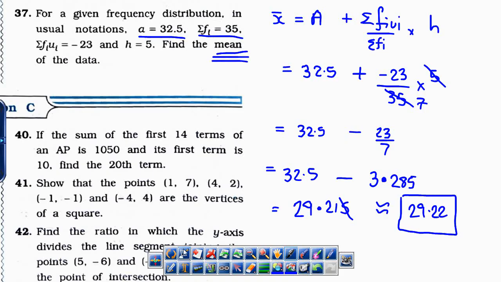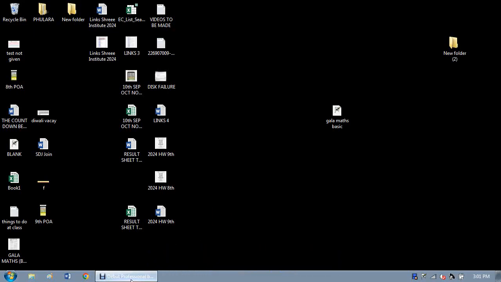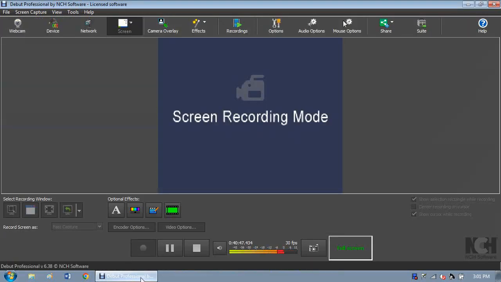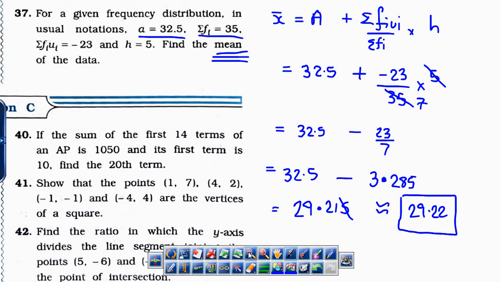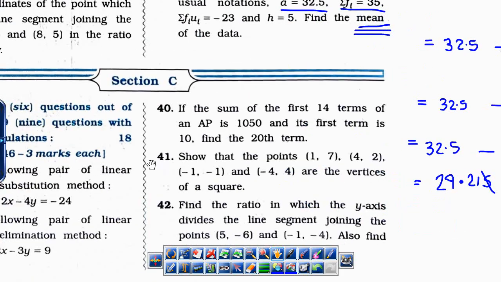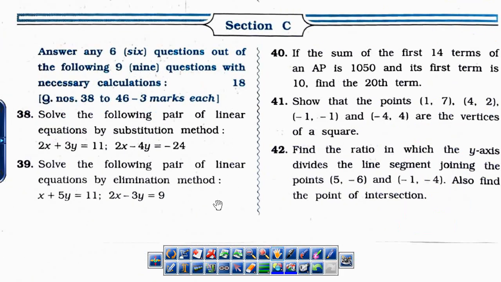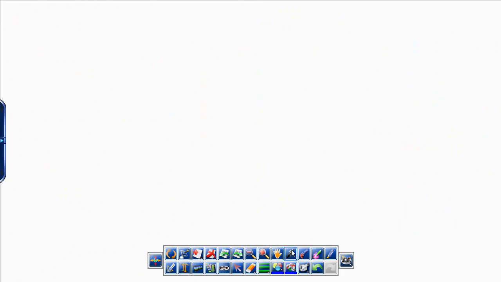Find the mean. 40 minutes. So we have spent another 25 minutes to solve section B. Always keep track of time, how much time you are spending in solving each section during the prelim exams.